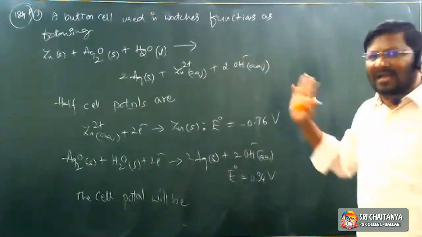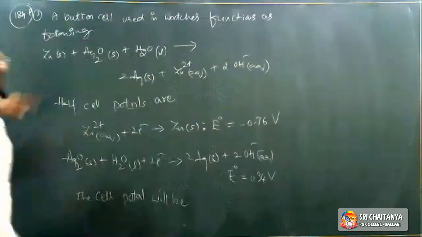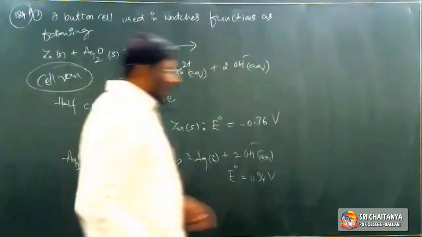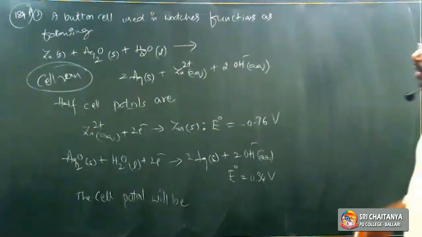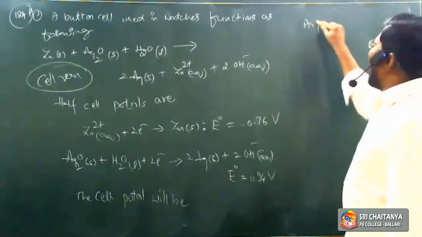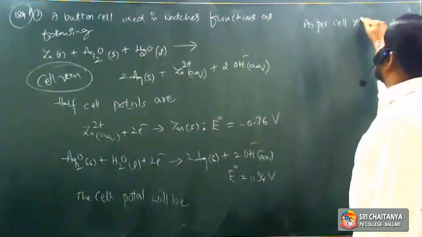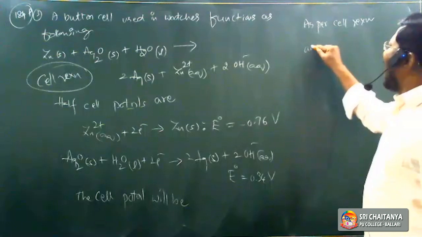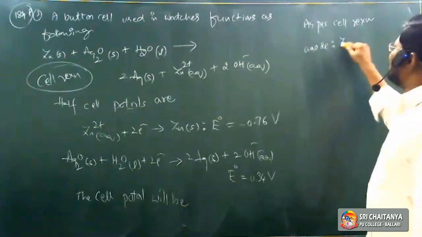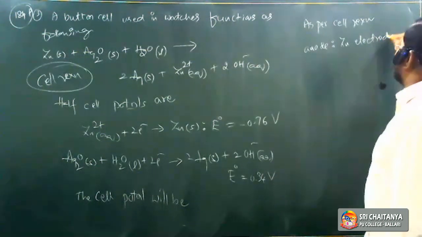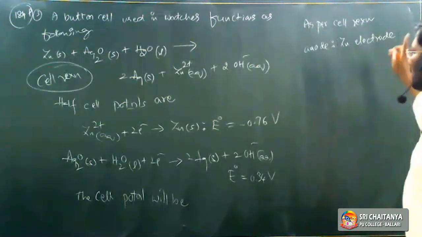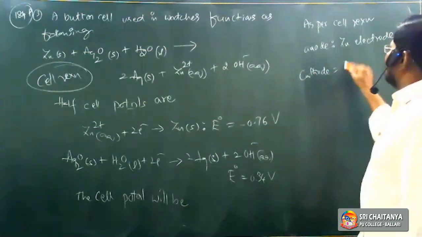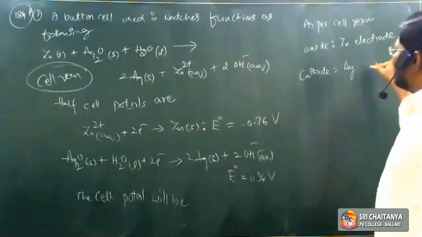Please remember. So as per the cell reaction, the anode is the zinc electrode. Remember, zinc electrode. Then the cathode is the silver electrode.